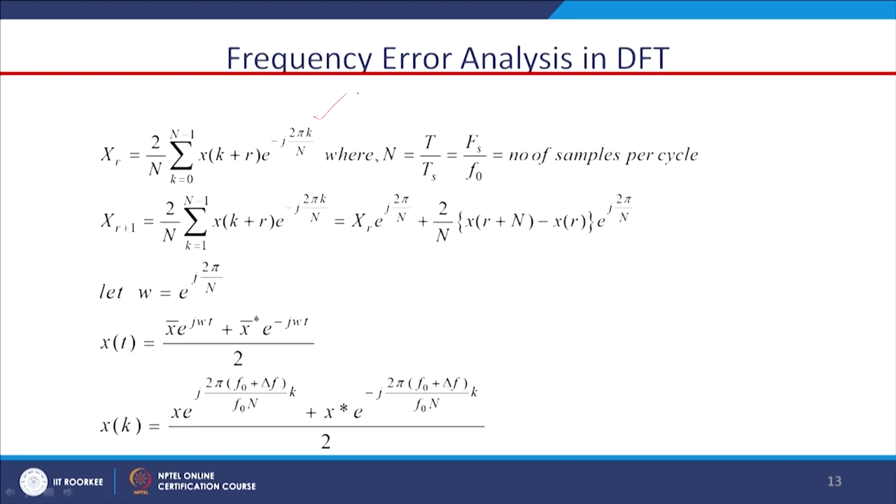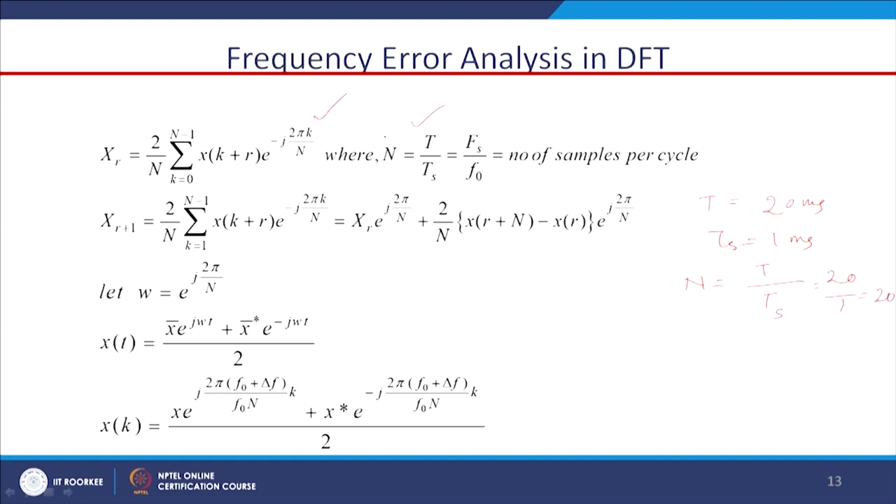Keeping this in mind, this X_r can be written in this manner, where capital N can be written as T divided by Ts. This is our formula, because T is basically 20 milliseconds and Ts is 1 millisecond. So how do we get this number of samples? The relationship between capital T and Ts is 20 divided by 1, that is 20.